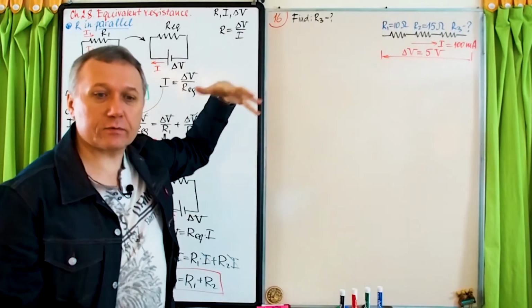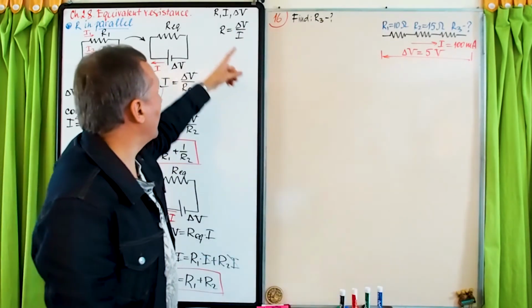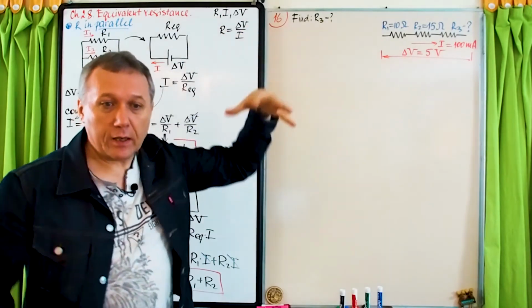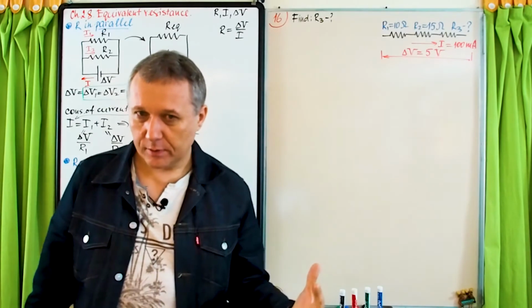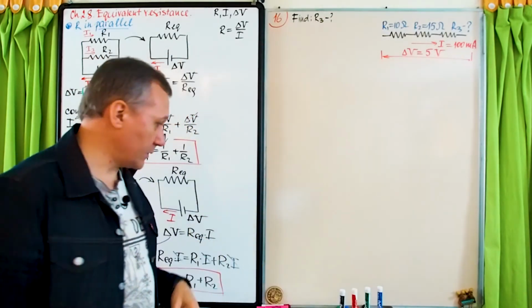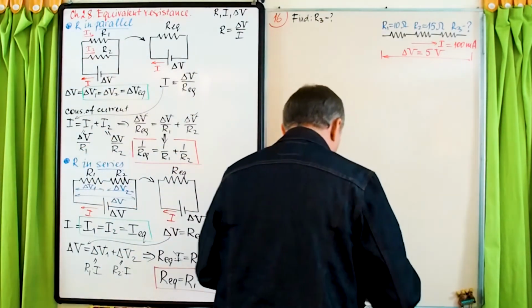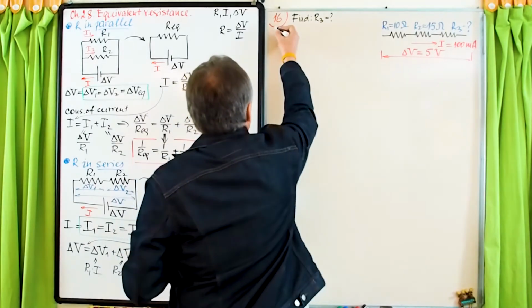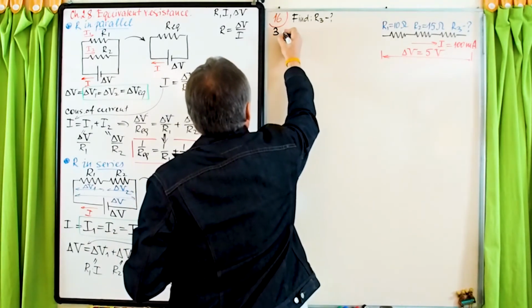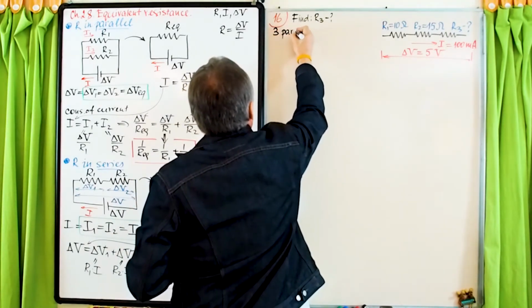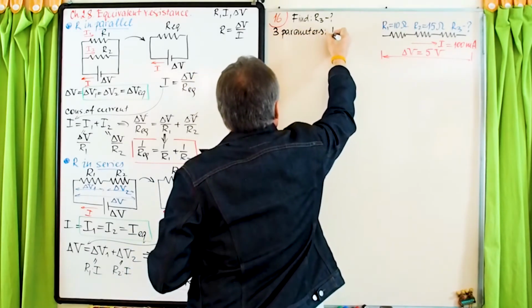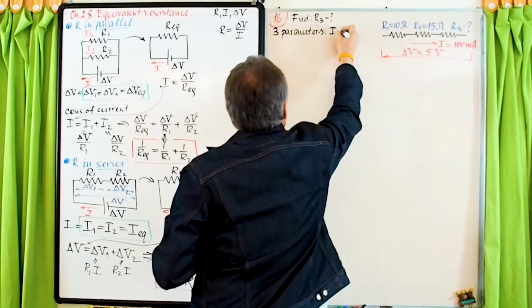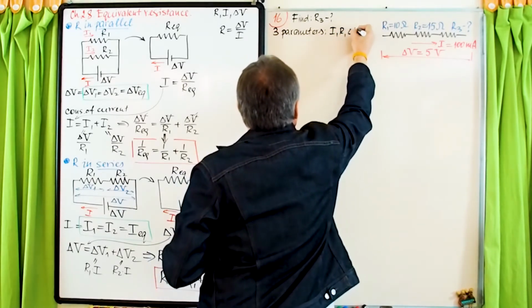So let's write everything that we can about I, R, delta V, and by looking at that, we should be able to identify all possible solutions.